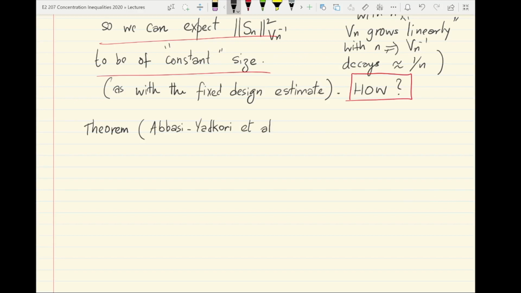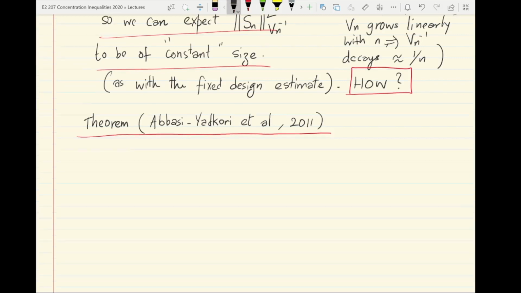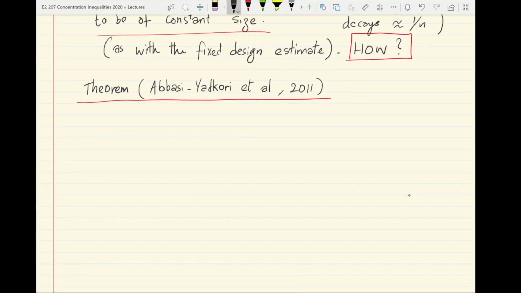It's a paper about linear multi-arm bandits from 2011, which essentially establishes the following type of result. So let's fix some small epsilon. This is a constant. You should think of epsilon as a constant, and let delta belong to (0, 1).